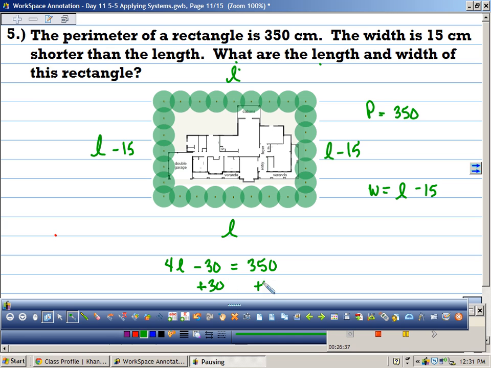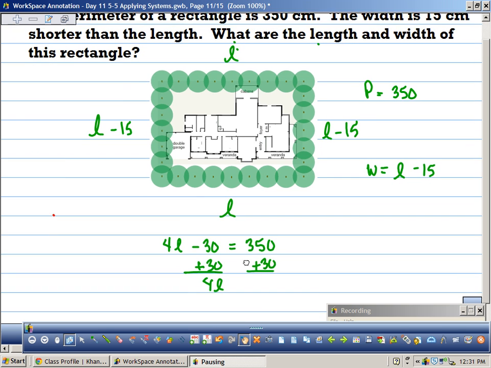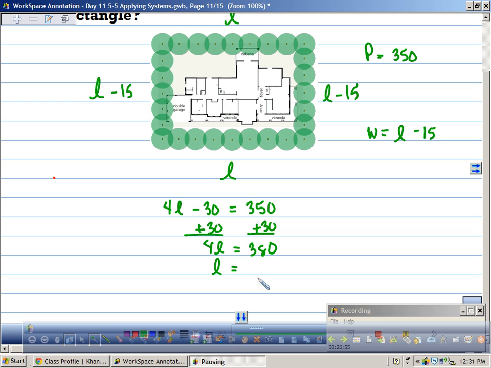Add 30, 4 length equals 380, so 1 length equals, let's see, 4 goes into 38 how many times?